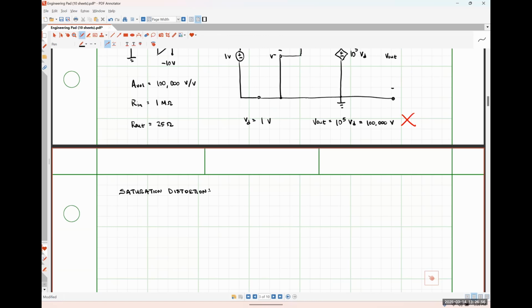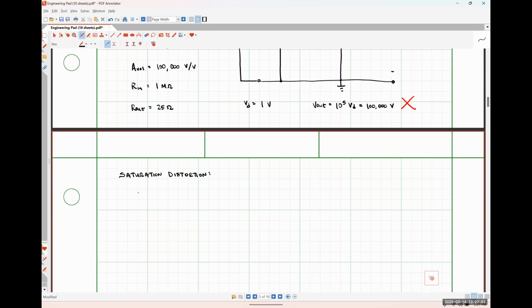So saturation distortion is something that occurs in op-amps, and put simply, in a real op-amp, the output voltage cannot exceed the power supply voltages.